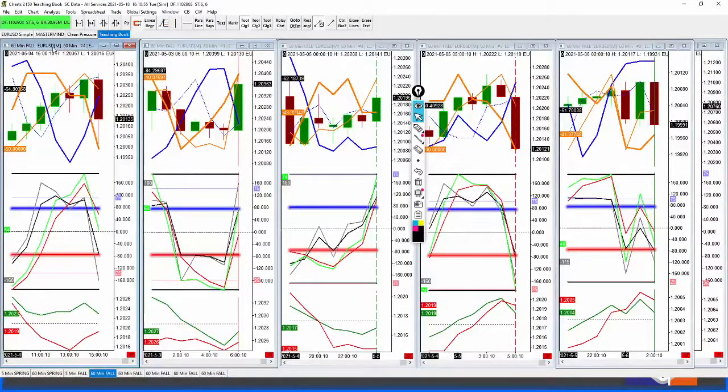H1 represents 1 hour, and it's a price action reversal because it has a higher high and a lower low. So if you know anything about price action, which is also garbage, if you have a lower low and a lower high, like we did here, then that's a sell indication.